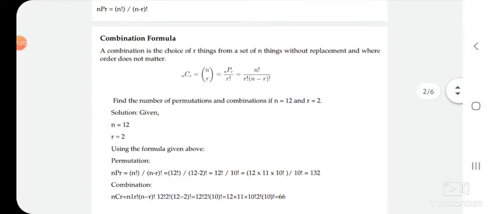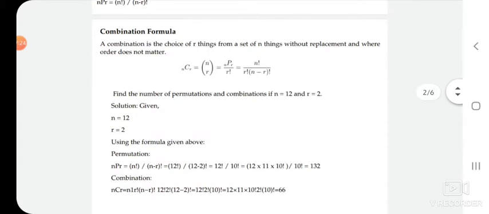And combination means selection of menu, food, cloth, subject, team.